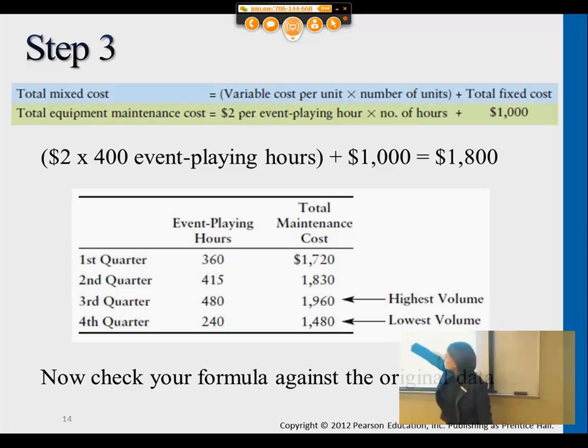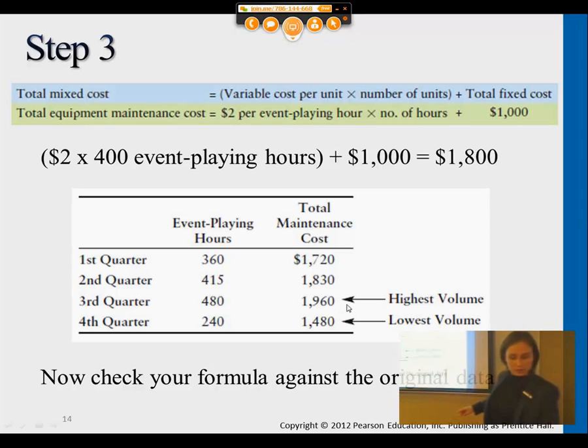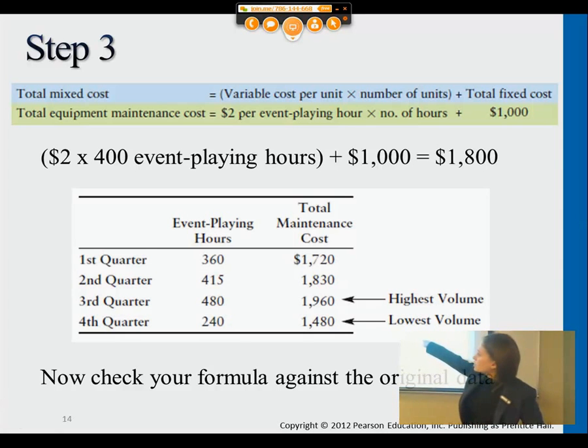We just used it to calculate $2, and we know how much our fixed cost is right now. So the mix is my $2 by 400 event plane hours. That's what I registered for this month, that's what I sold for the month. And then I have $1,000 of the fixed cost. So my $1,800 is what it's going to cost me altogether.